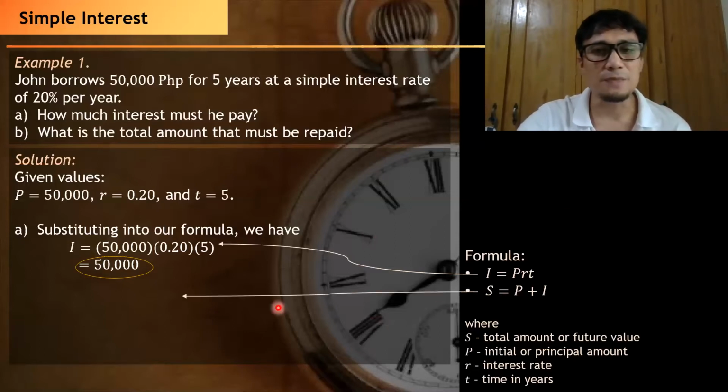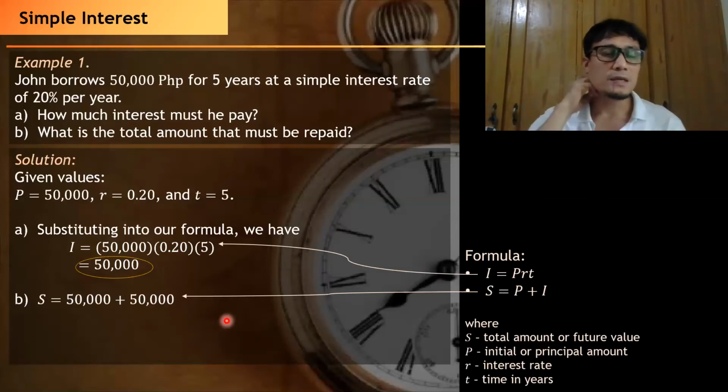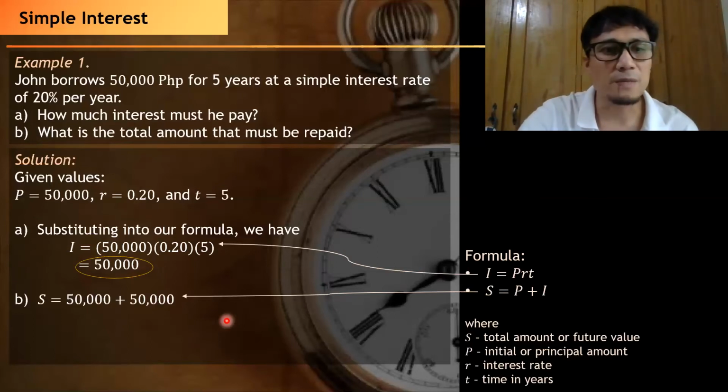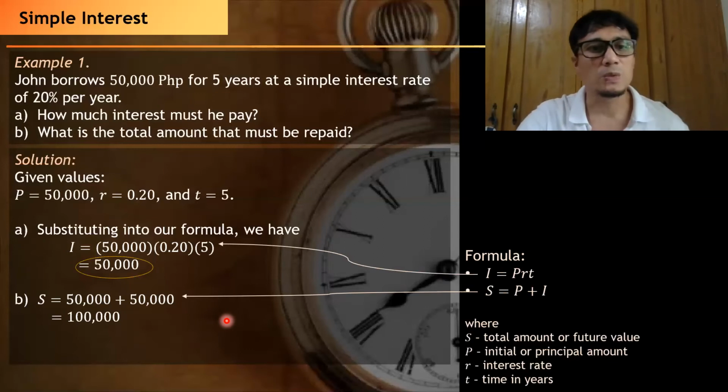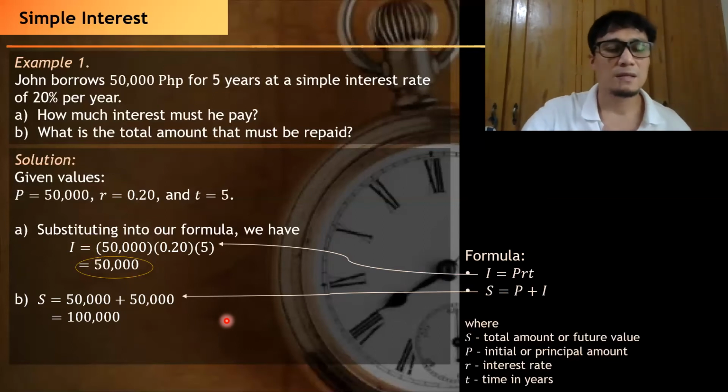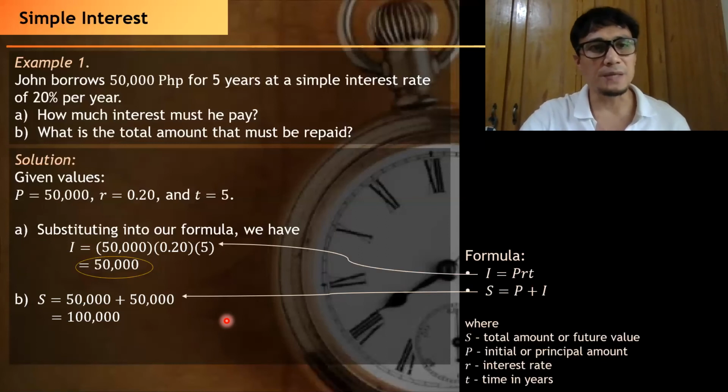S equals P plus I. And that means that substituting the P, which is 50,000, plus I, which is also 50,000, obtained from our computation, letter A, we have S equals 50,000 plus 50,000. And adding this, we obtain 100,000. So that's the amount that John is going to pay after 5 years, 100,000.